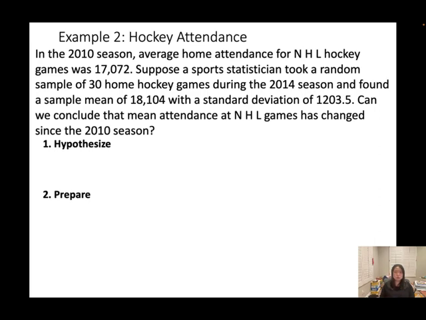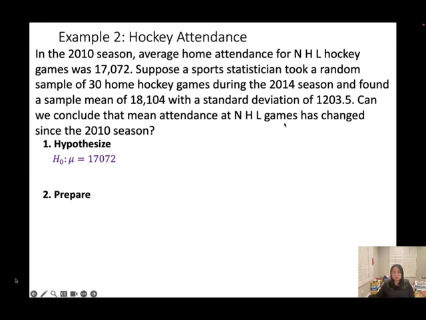So first, find the null and alternate hypothesis. We are working on the population mean, so H0 will be equal to 17,072. How about the alternate hypothesis?